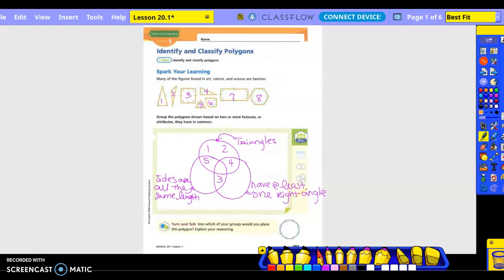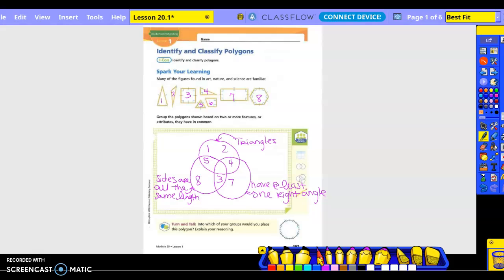And number 8 can come over here. What two numbers are we left with? 7 and 6. Do they have all the same sides? No, 7 does not have all the same sides. Does it have at least one right angle? Yes, and it's not a triangle. So 7 could go here.